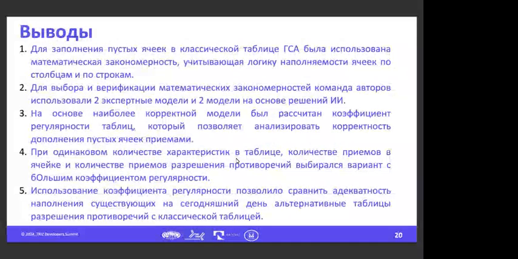I want to show that mathematical pattern was using 2 models on the basis of AI and expert model. Several experts of trees actually they prepared better models, patterns than was made by AI.